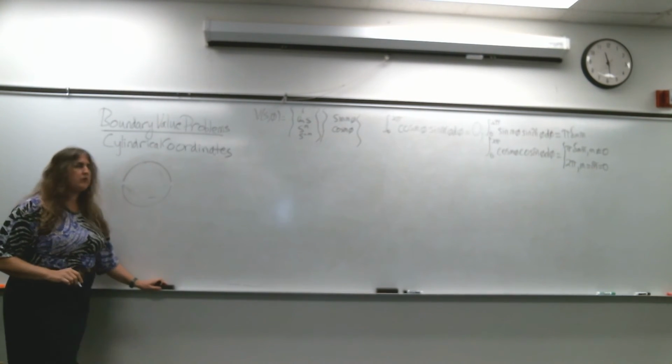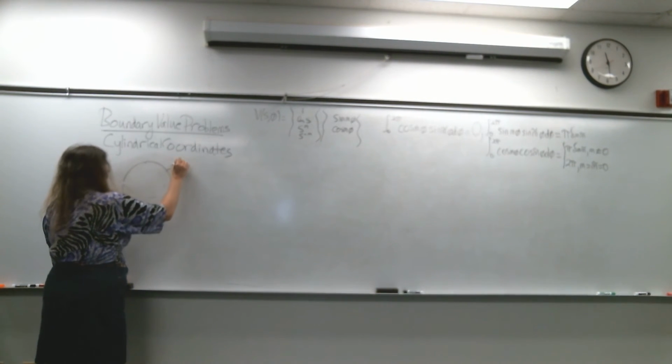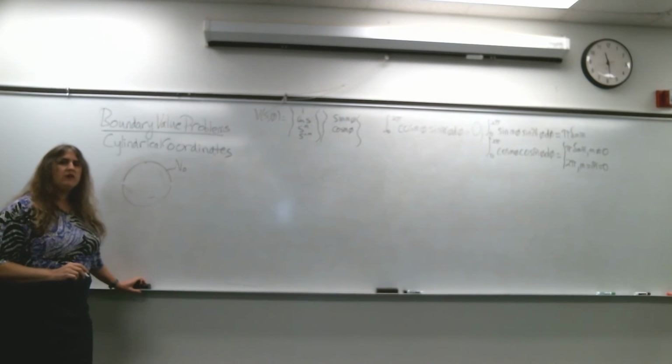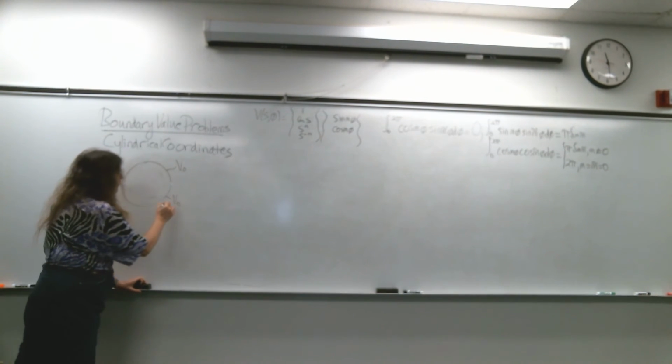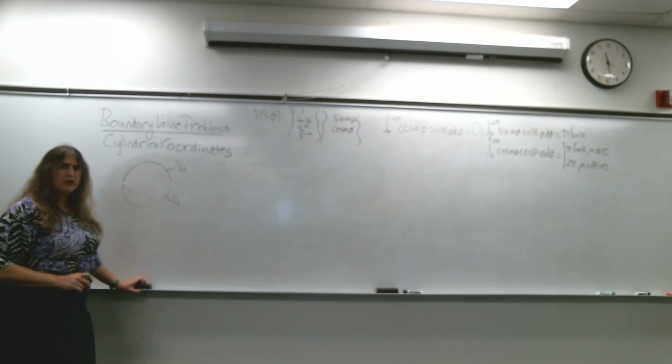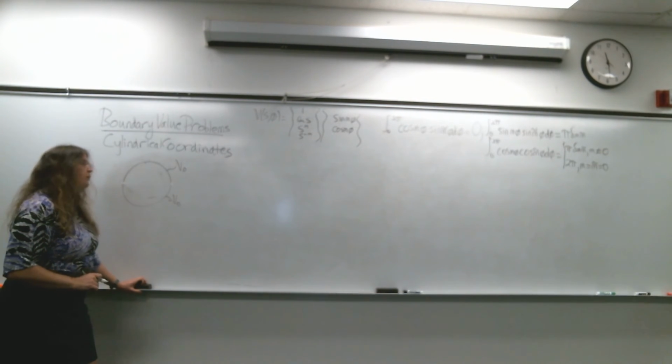In this case, I'm going to assume that I have a very long pipe, top half of which is at potential V naught, and the bottom half of which is at potential minus V naught. I want to figure out what's the potential inside.